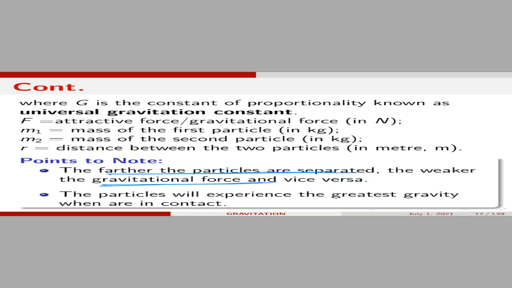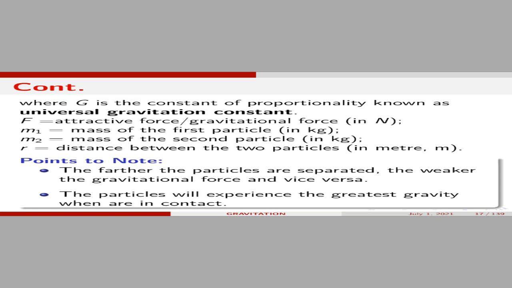So when do you have the greatest gravitational force? It's when the bodies are in contact. When the bodies are in contact, you have the greatest gravitational force, or the greatest gravity, or the greatest attractive force. Please, are we here? Good.